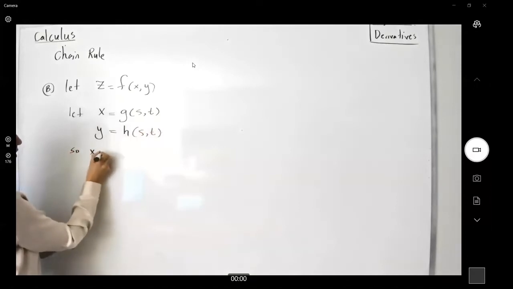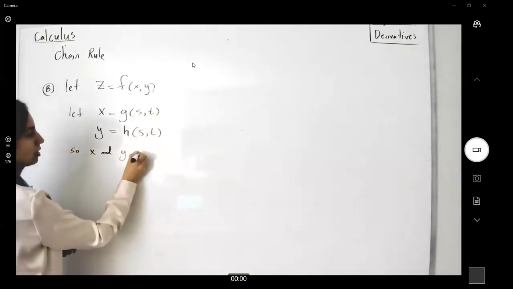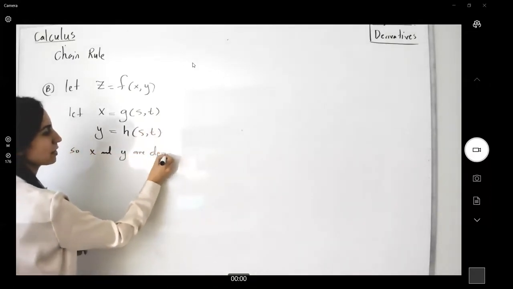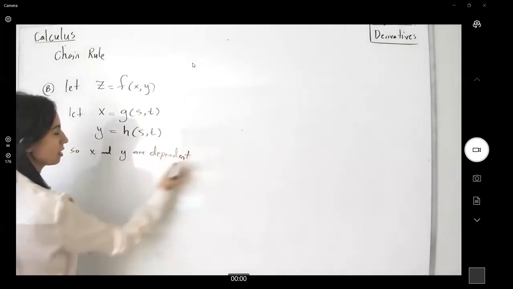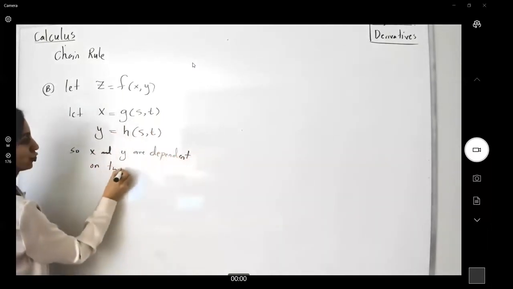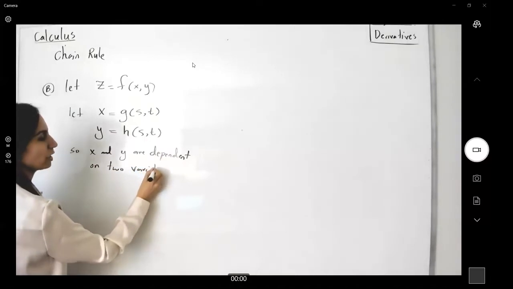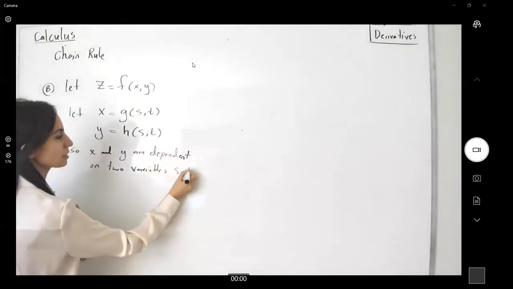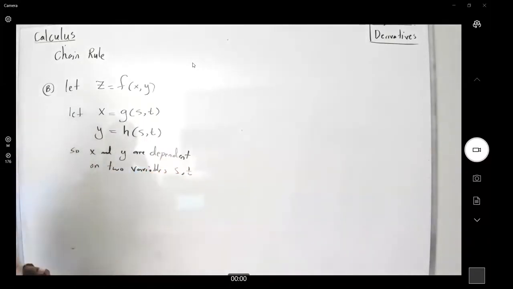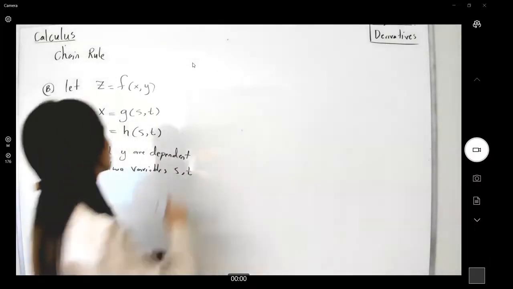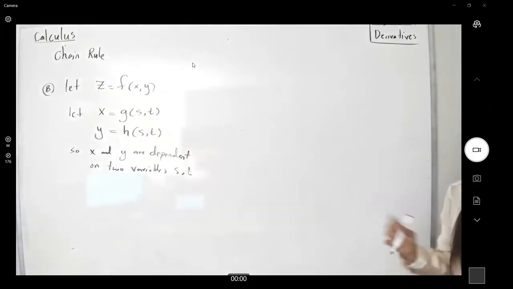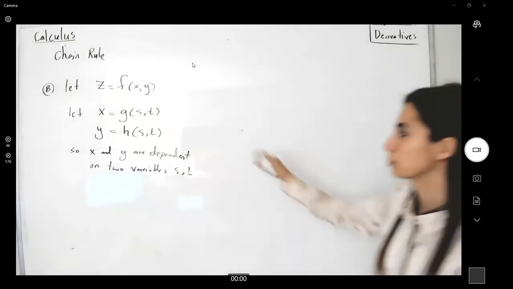So x and y are dependent on two new variables like s and t. How do you take the derivative of this function with respect to these two variables?